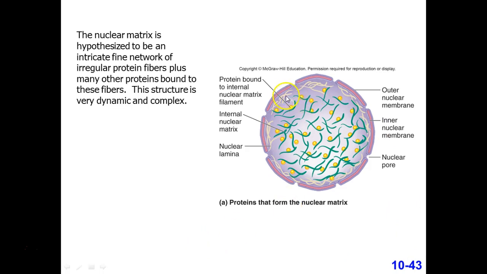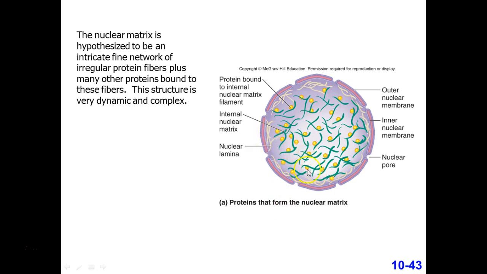So here, these proteins, you see these kind of light purple associated with the membrane. It's actually two membranes that make up the nuclear envelope. There's an inner and an outer membrane. And then there are, of course, pores in it so that proteins can get in and out, and messenger RNA can get out.